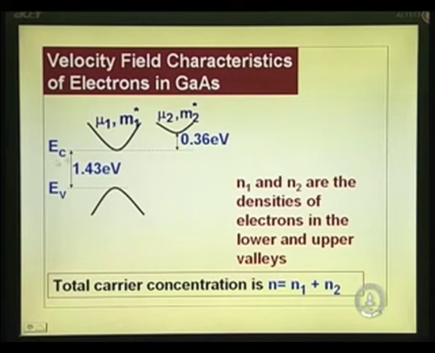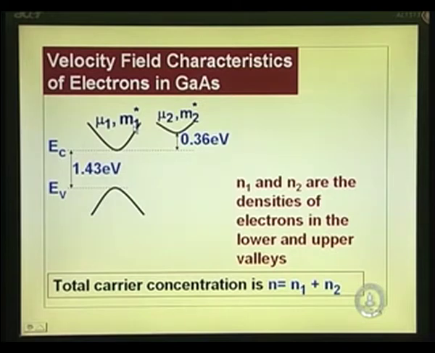1.43 is the band gap, 0.36 is the delta E, M1 is the effective mass here, and M2 is the effective mass in the upper valley. Correspondingly, the mobility here is mu 1 and the mobility here is mu 2. This is about 8500, and this is close to that of silicon, of the order of 1500. Now, for the total carrier concentration, electrons can remain here or here.